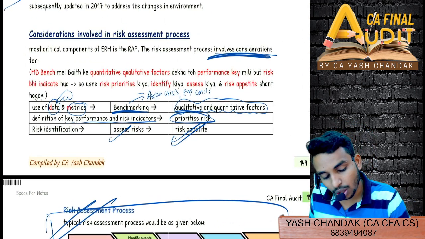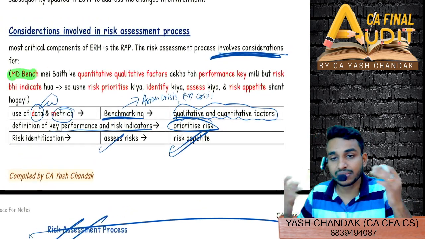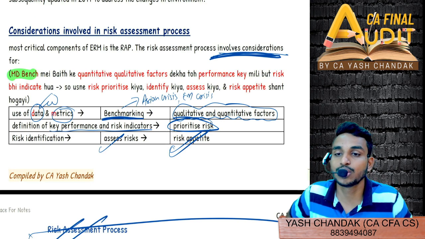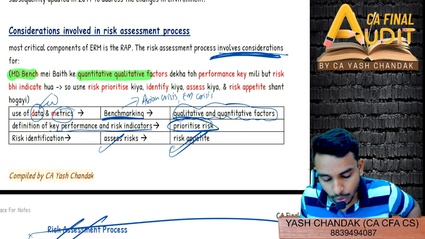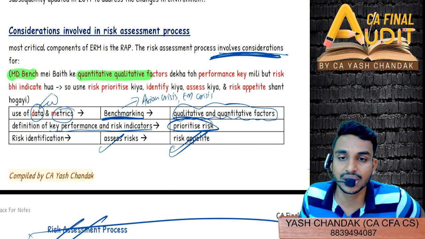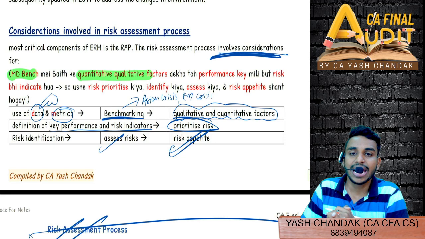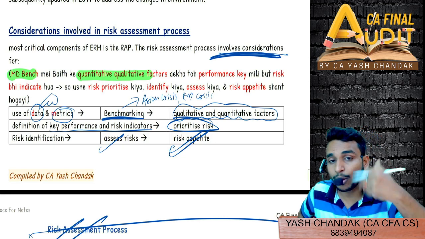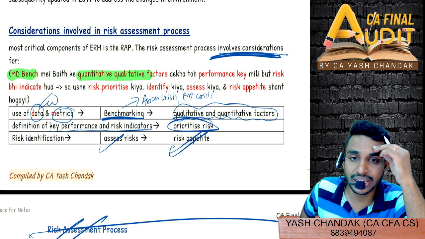To learn all these points, what have we just done? Try to recollect or imagine that one MD, your managing director, is sitting on the bench, doing nothing but looking at quantitative and qualitative factors. He was seeing all the quantitative and qualitative factors, and then he came out with all the key performance indicators.